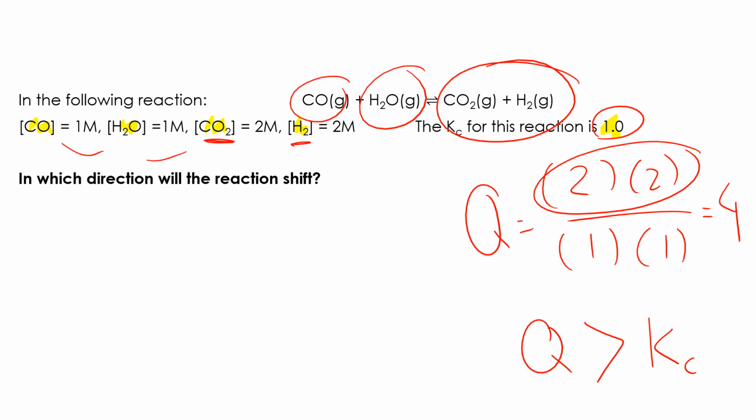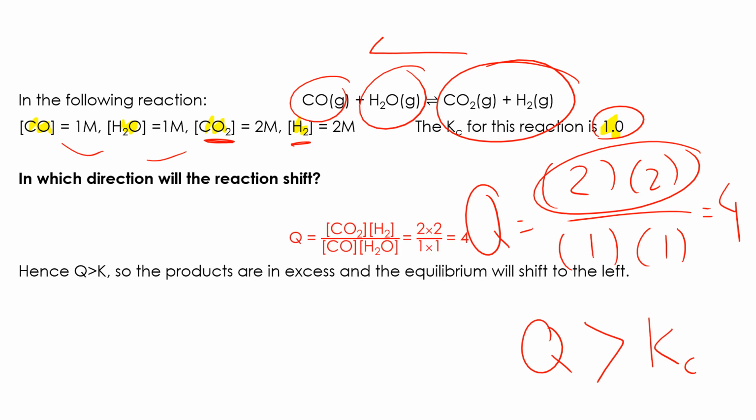So the reaction should shift to the left to oppose the change. So we have here, as we said, Q is greater than K, so the products are in excess and the equilibrium will shift to the left.